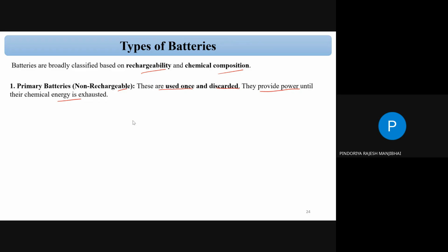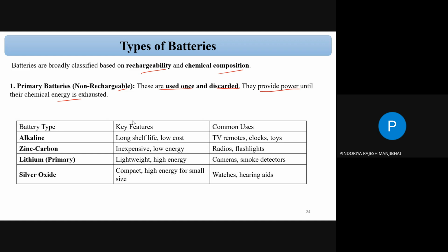But nowadays in the market, non-rechargeable batteries are very few. Normally people want to buy rechargeable batteries. Types of primary battery: alkaline, zinc carbon, lithium, and silver oxide. Key features: long shelf life and low cost, because they are not rechargeable. Common use: TV remote, clock, toys.